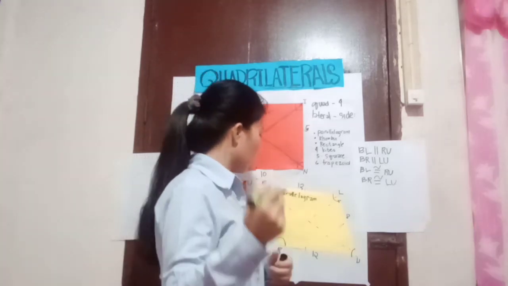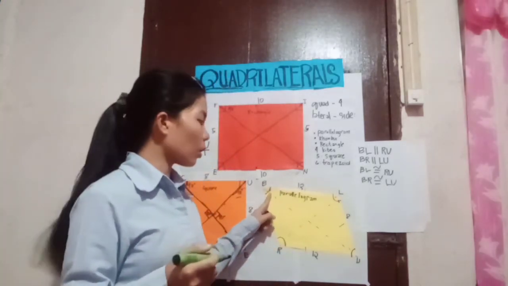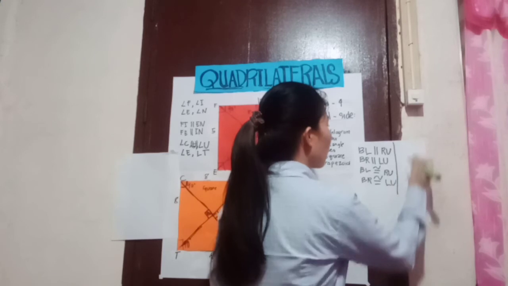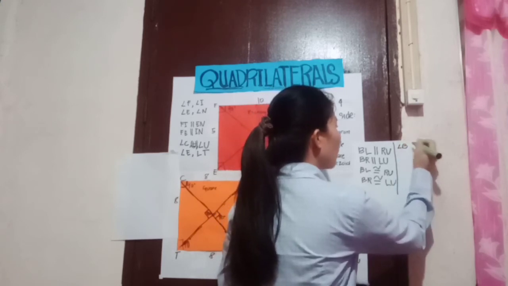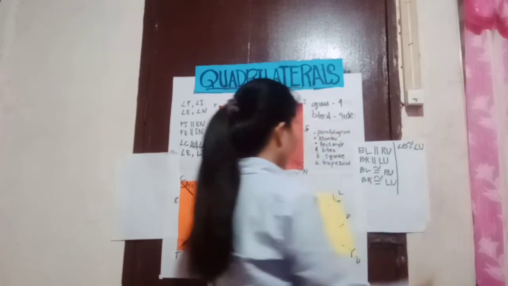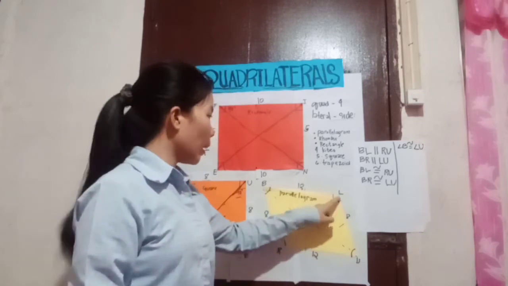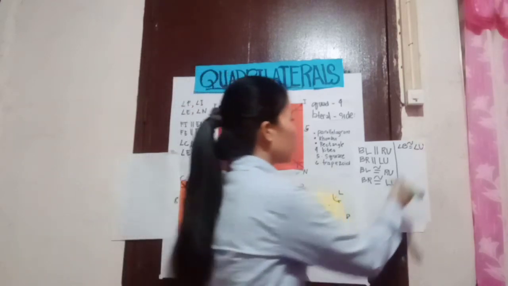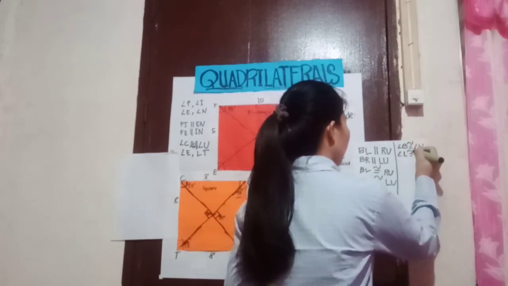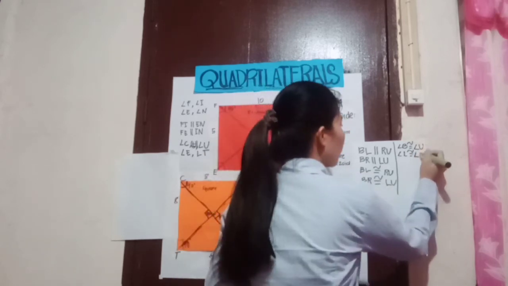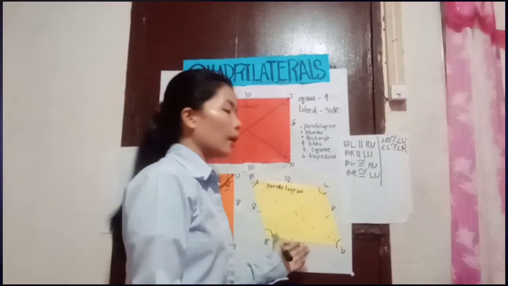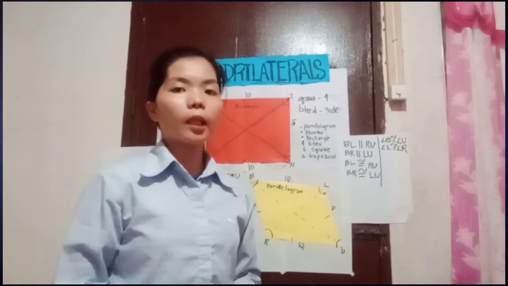So angle B is congruent to angle U. And angle L is congruent to angle R. Number 4 property of a parallelogram, diagonals bisect each other.